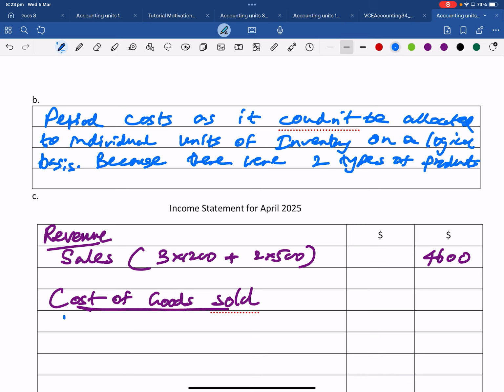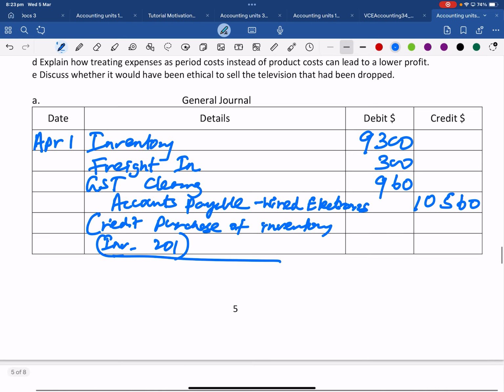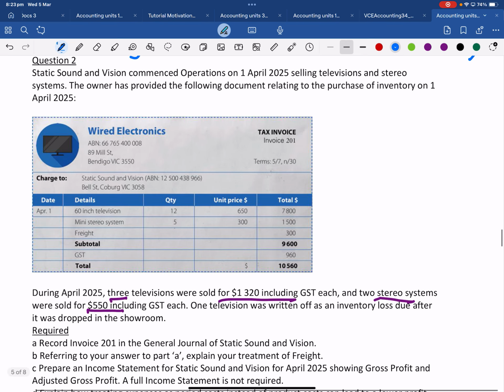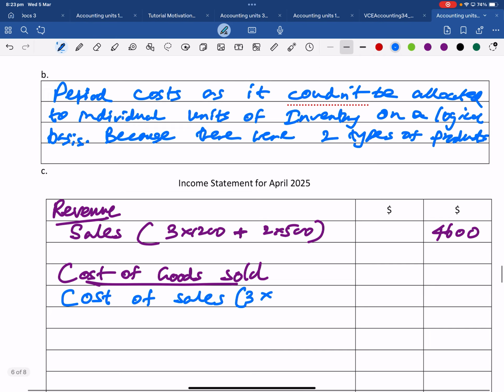Freight in. Now before that, cost of sales. Now, there's a problem. How can we calculate the cost of sales? 3 times how much? 650. And 2 times? 300.